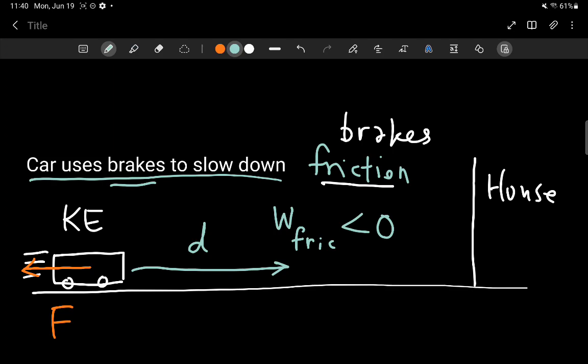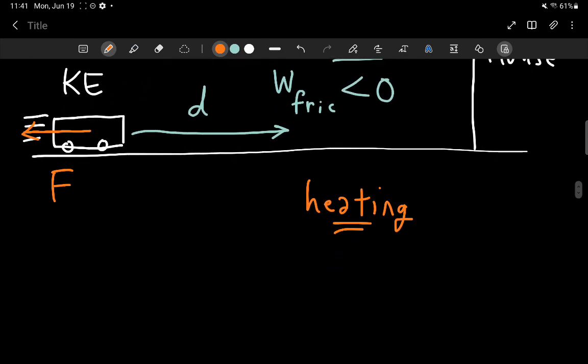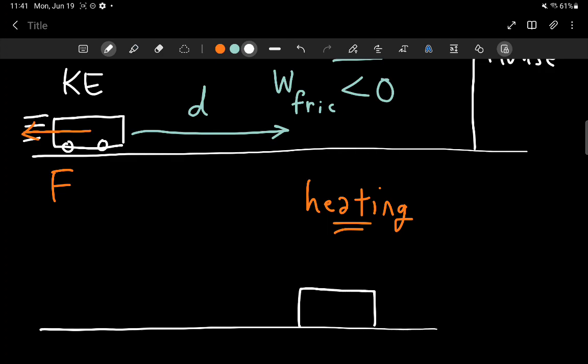So whenever you use brakes to do friction, what happens is various objects get warmer. And this is where the energy goes. So a little bit later in time, the car will be, say, here, right? It gets to here, and it has no more kinetic energy because it was able to stop, right?